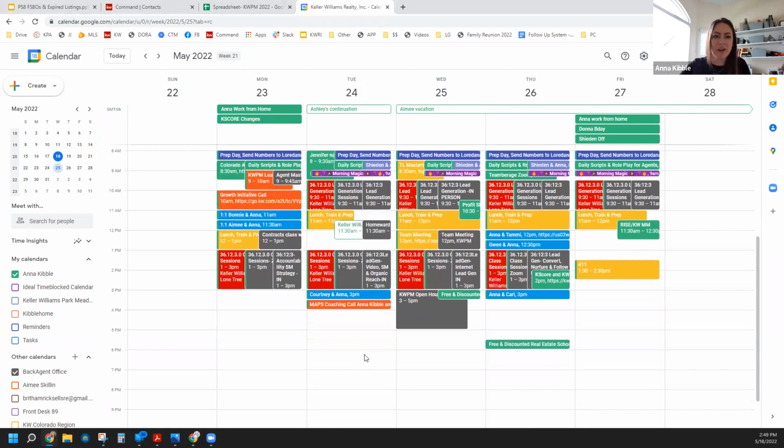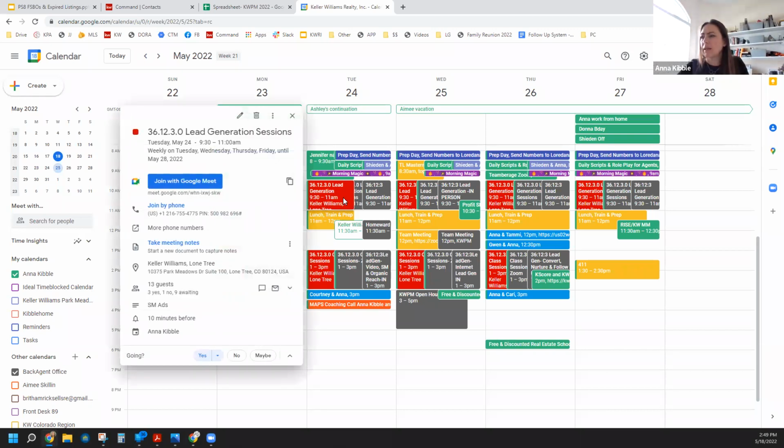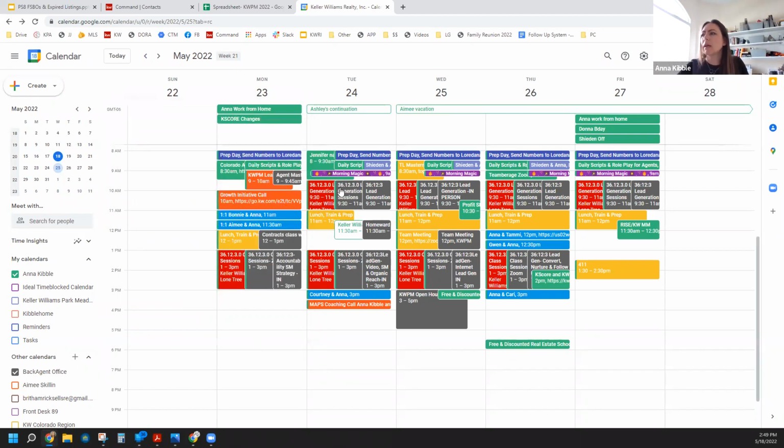I put my calendar up strategically so that you guys can all see exactly what's going to have to happen in the world for us to do this. So we've got lead gen blocked on Tuesday morning, so we could tackle this on Tuesday morning. Here's what I'm thinking. Tuesday morning, I think we're also lead genning. We're doing command ads. Does that sound right? Yeah, we're doing command ads.